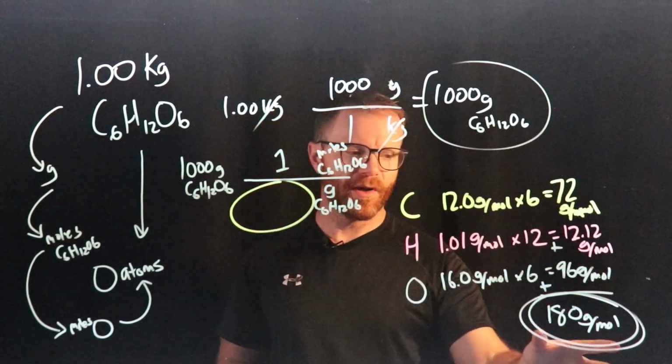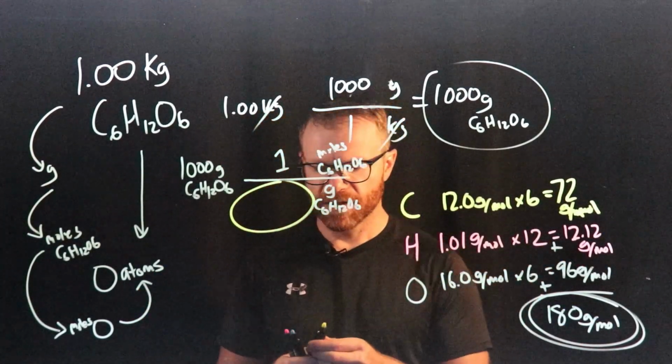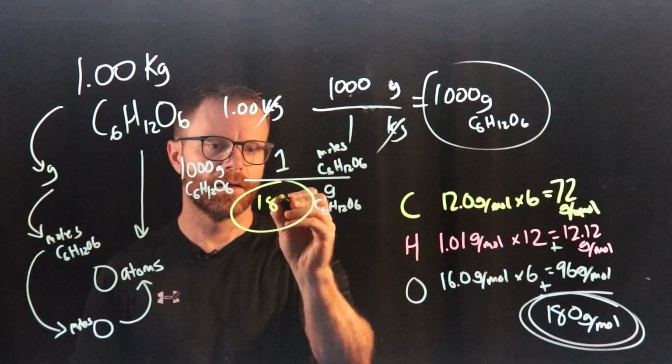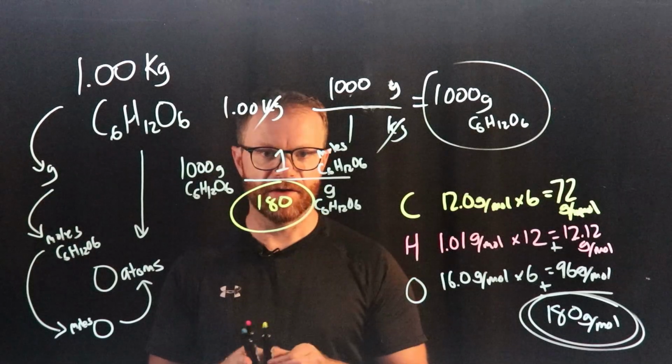Okay, so you add them all up, you get 180 grams per mole. That's our molar mass of glucose. So we can just plug that in here. And we have 1,000 divided by 180 is going to give us our final answer.